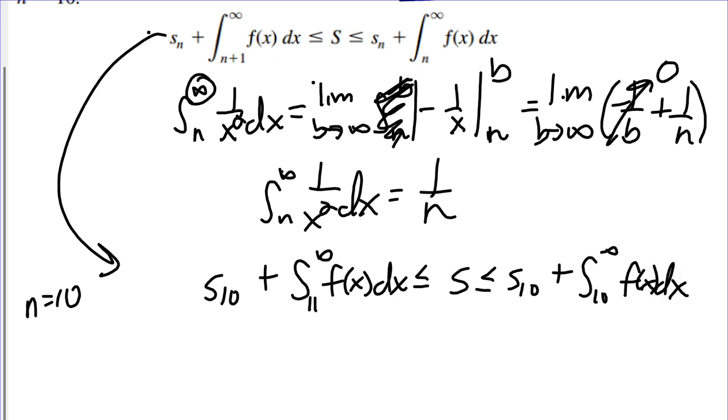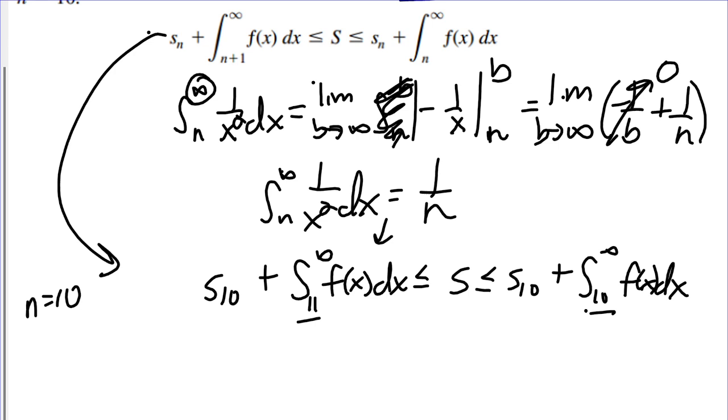It might seem counterintuitive that the 10 is on the right and the 11 is on the left, but remember this thing is getting smaller even though we're going up another term. And we'll see why here in a second.